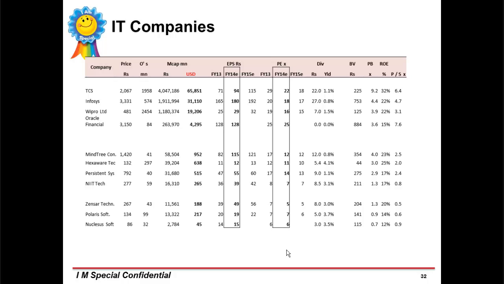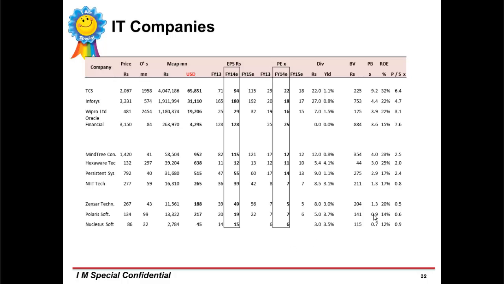So there is a difference between the price of the shirt in each different category. There is a reason for it, and similarly there is a reason for different PE. Companies which have a higher track record, better brand, will always command a higher PE compared to your other peers.